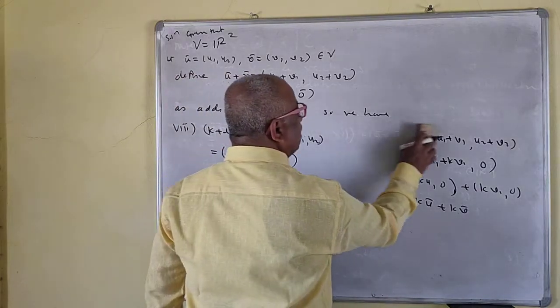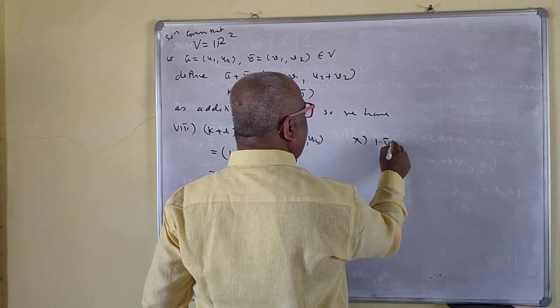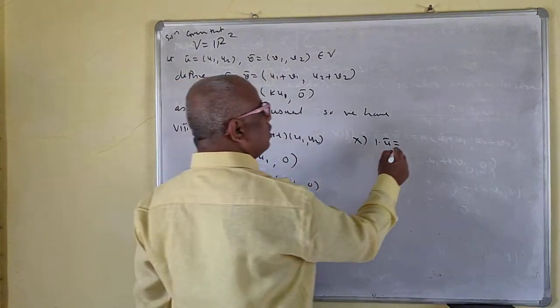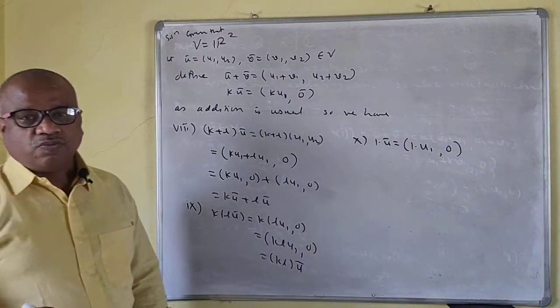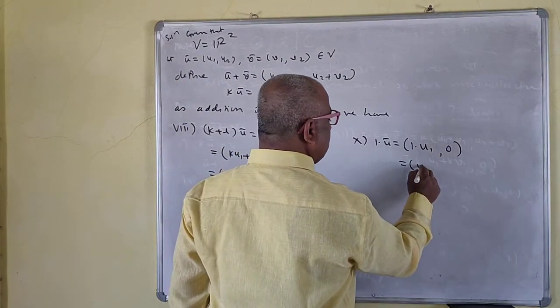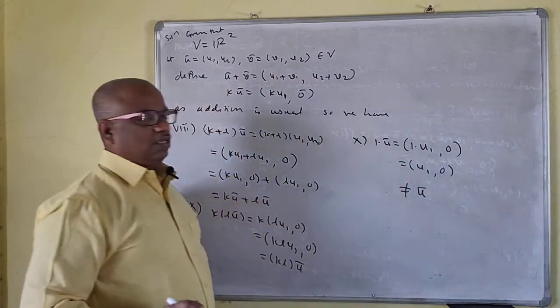What about the last one? 1 into u bar is 1 into (u1, 0), which is (u1, 0), and this is not the same as u bar.